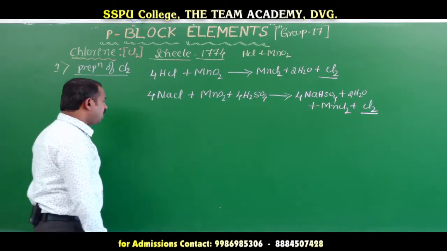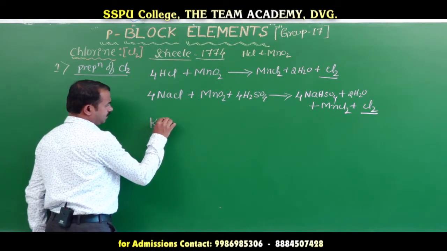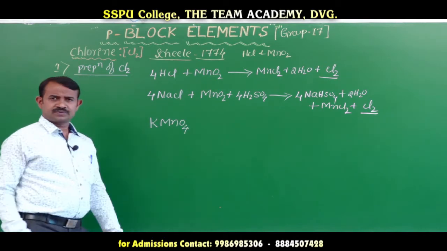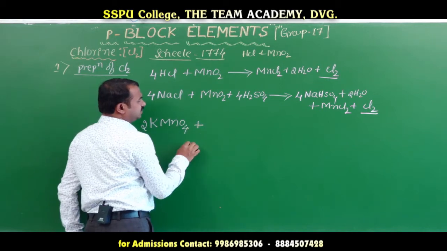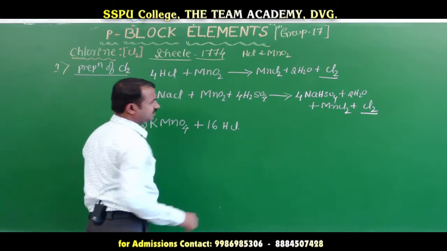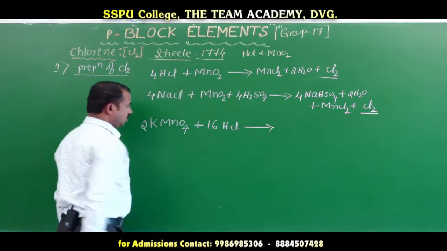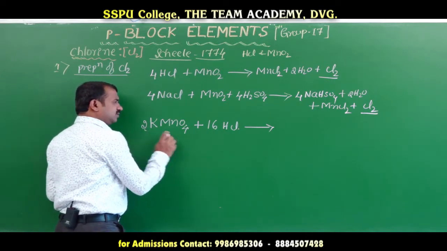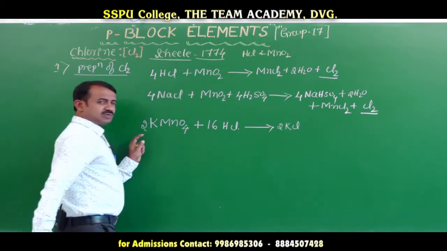Or we can go for potassium permanganate. Potassium permanganate reacts with 16 molecules of hydrochloric acid to release chlorine. How many potassium? 2, so 2 potassium chloride.